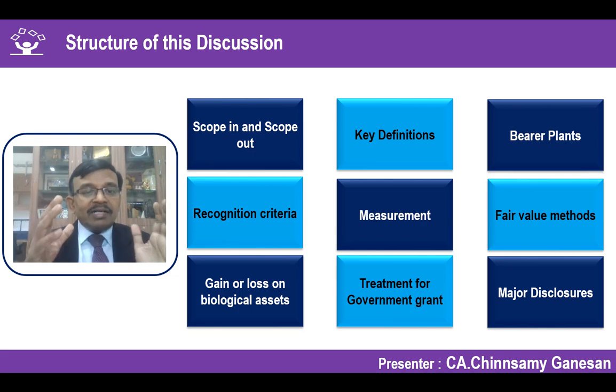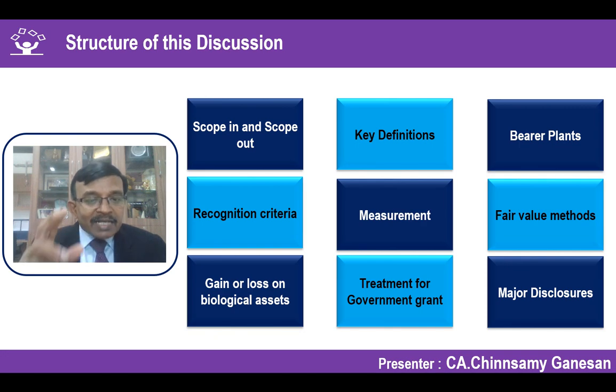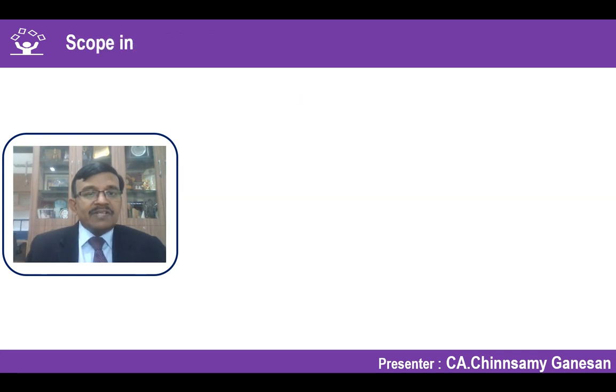So they had a legitimate question about whether this particular standard should be introduced in India. But the standard has been introduced, and it has been practically applied by the majority of the plantation companies who are in the listed category. Okay, with that, let's go into the standard.